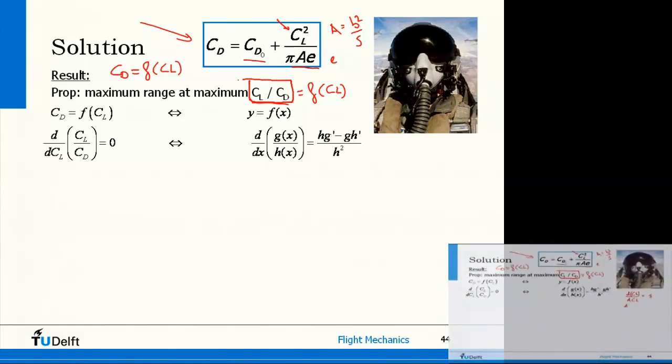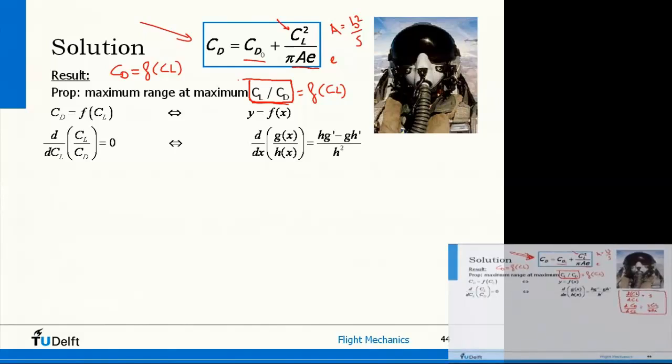And if I would take the derivative of CD to CL, that's basically the derivative of this top function, then CD0 is a constant, so that falls out of the equation. And then I get 2 times CL over pi AE. So this is what we need.